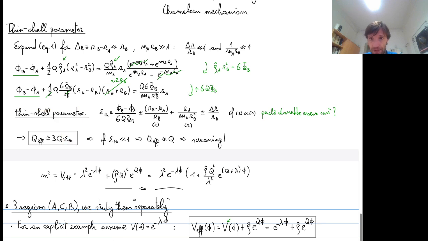Therefore, equivalently, you can say we have a screening mechanism when these two conditions are met, or whenever the thin shell parameter is much smaller than 1. So the thin shell parameter is a way of swallowing in one parameter these two conditions. When this is fulfilled, then we have Q effective much smaller than Q, and we get the screening that we were looking for.